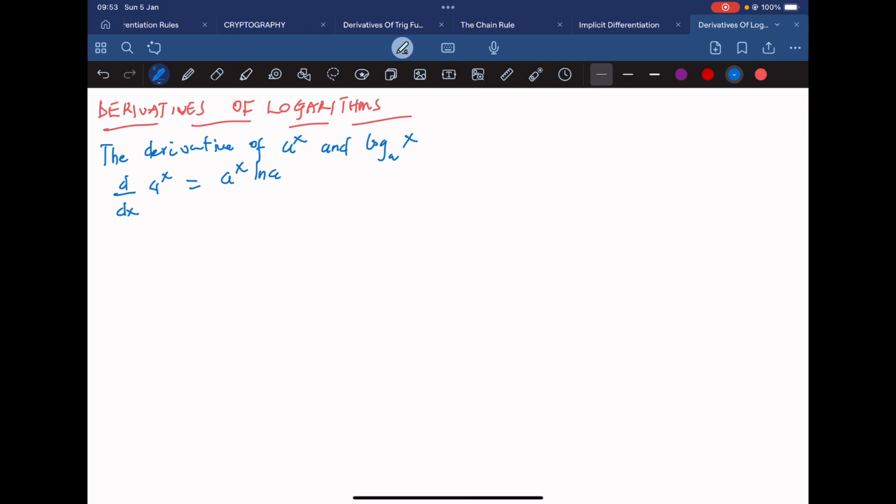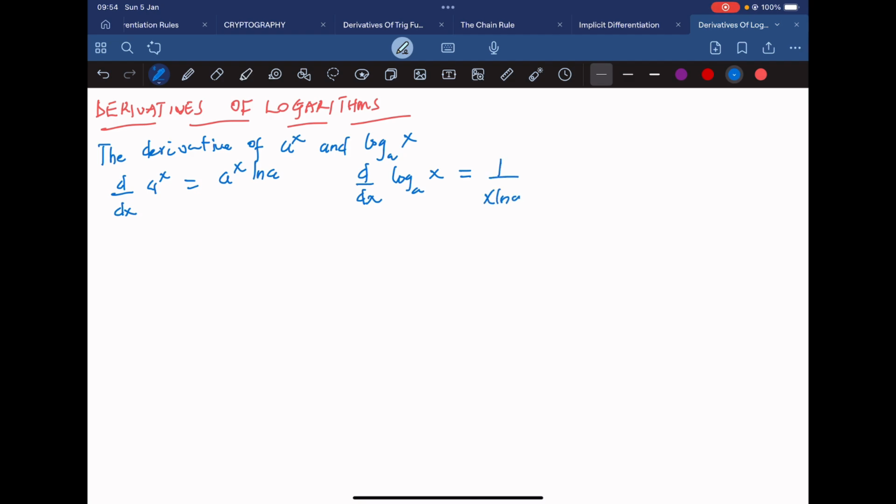So whenever you have this, a is a constant raised to the power of an exponent or a variable, you always end up getting this. Also, if you are told to differentiate log base a of x, this is always 1 over x ln a.